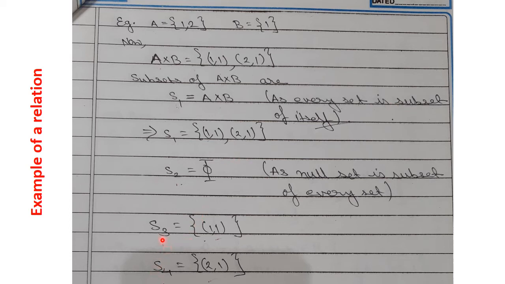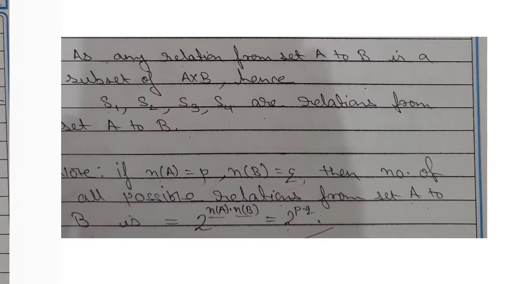And for S3 I've taken one element from here, and for S4 I've taken the other element. So we got S1, S2, S3, S4. These are the only subsets of A cross B.